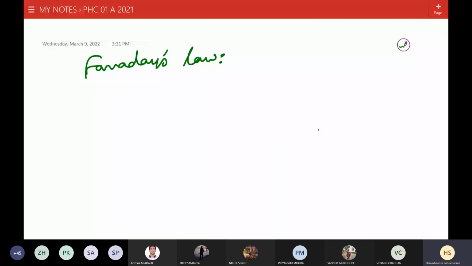So Faraday's law says curl of E equals minus dB/dt. What does this say?